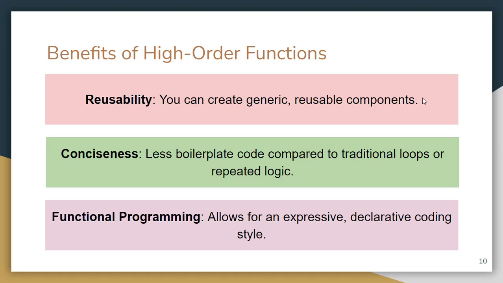There are some benefits of higher-order functions, like reusability, conciseness and functional programming. Reusability means you can create generic reusable components using higher-order functions. Conciseness means you can use less boilerplate code compared to traditional loops or repeated logic.